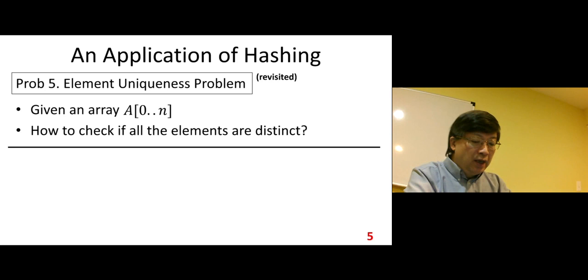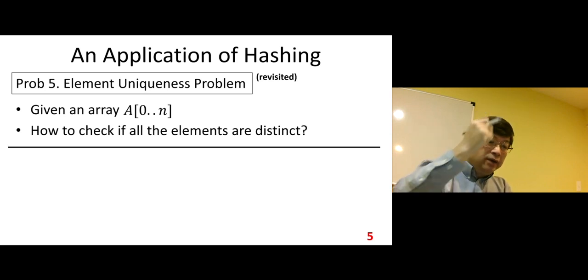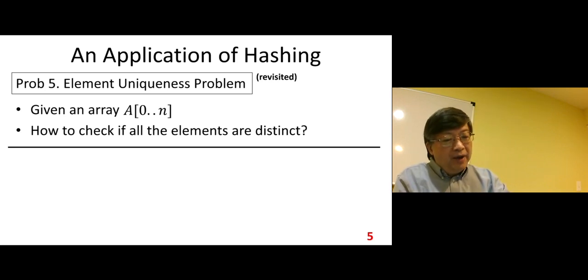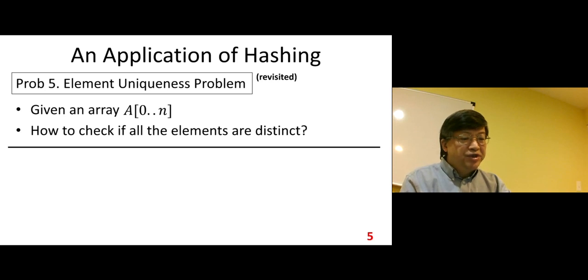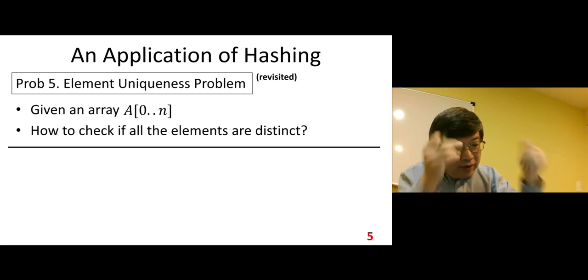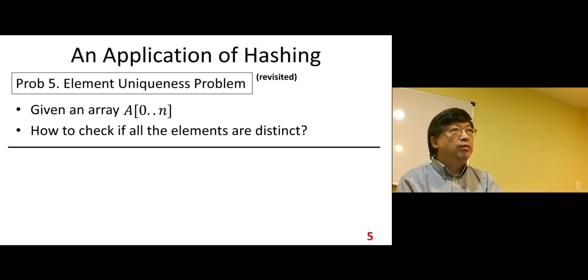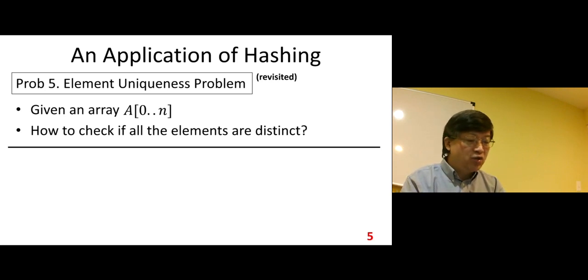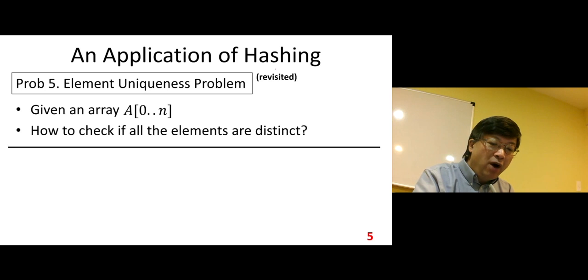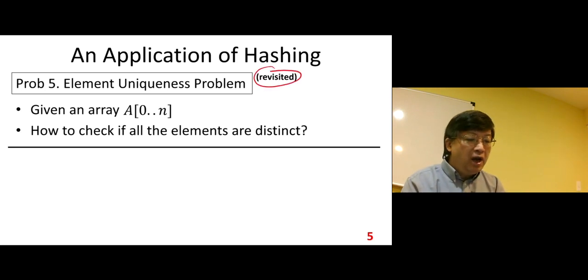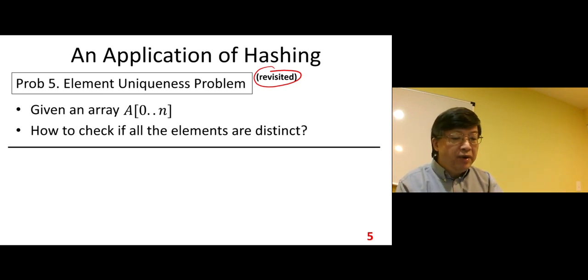All right. At the end of this part, I want to use one of our old problems related to this topic. So let's revisit our problem number 5, the element uniqueness problem. Given an array, how to check if all the elements are distinct.